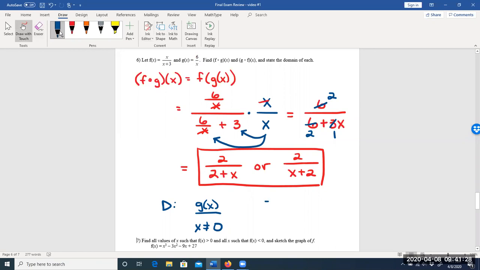Then we have to look at the domain of the newly created composite function. For that, we do not want x plus 2 to be 0, so we do not want x to be negative 2.